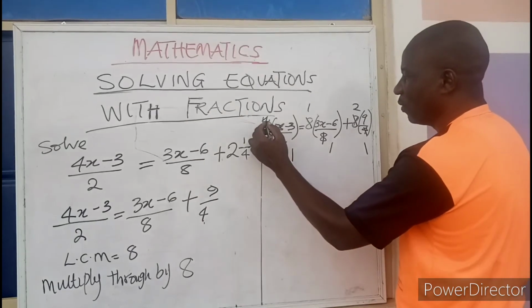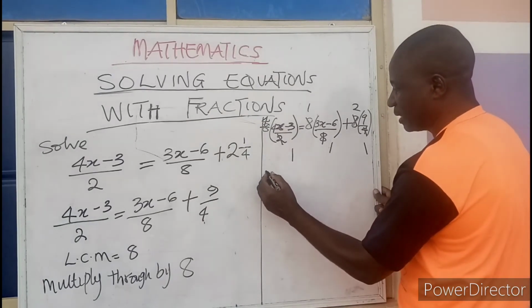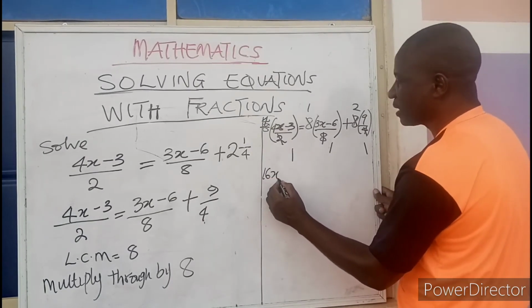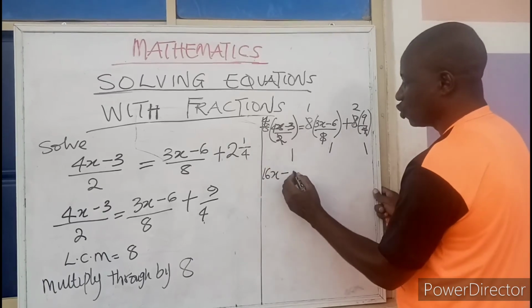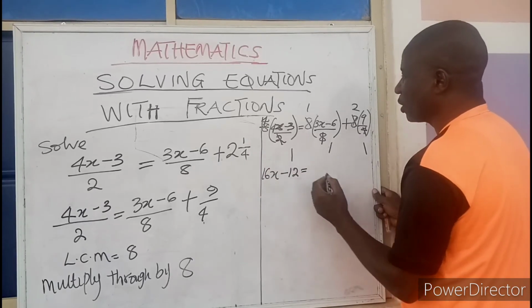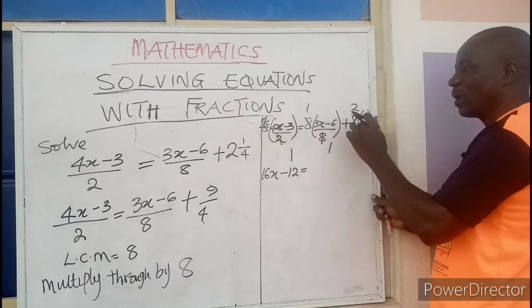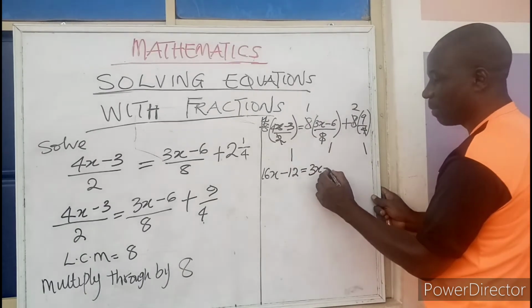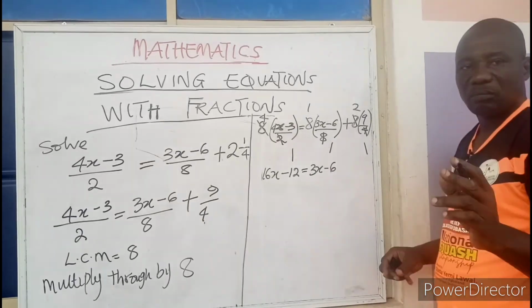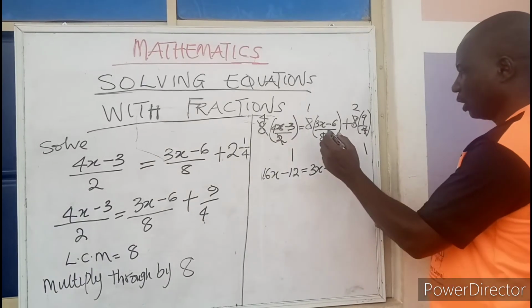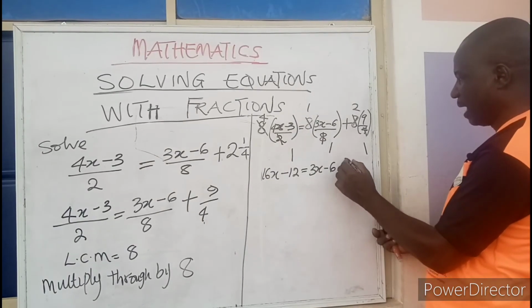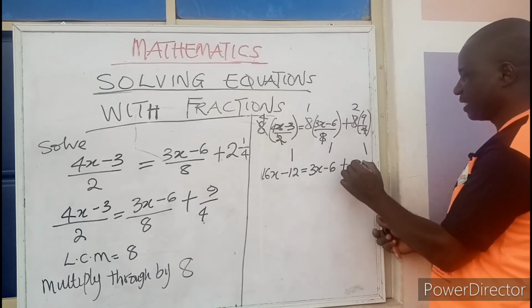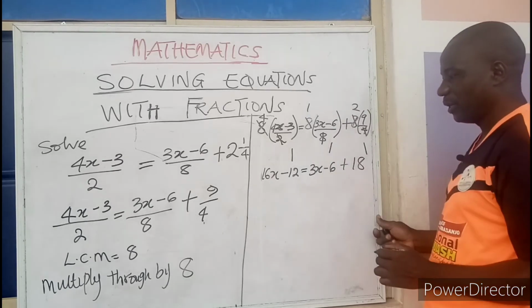Let's expand. 4 times 4x, that is 16x minus 12 is equal to, 1 is outside. 1 multiplied by a number is equal to that number. 3x minus 6. Now, we now have plus 2 times 9. That is 18. Are we there?